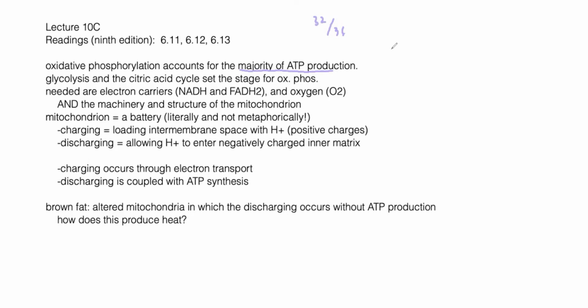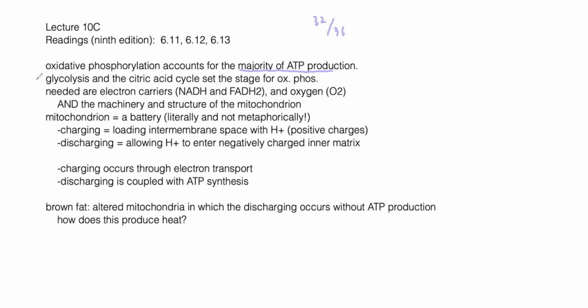We only get 4 ATPs between glycolysis and the citric acid cycle. The other 32 ATPs are going to have to come from someplace else, and that someplace else is oxidative phosphorylation, right? So yeah, it's important. This is where we're getting all of the ATPs being produced, okay?